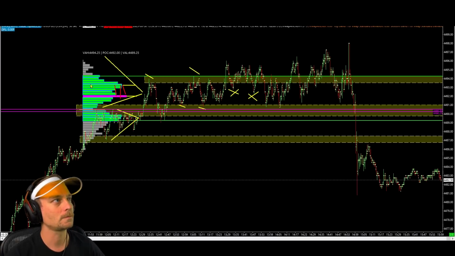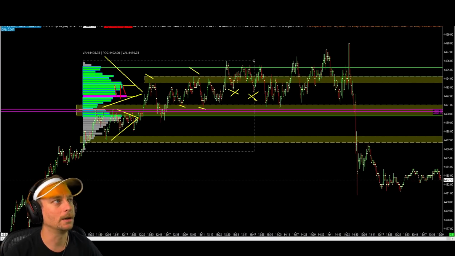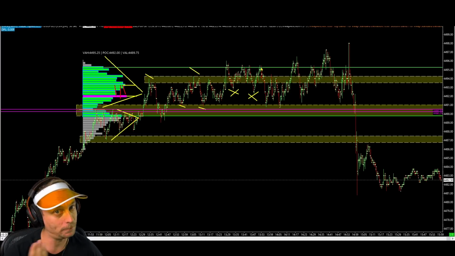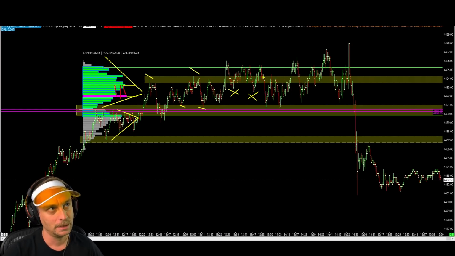Okay. Let's drag this out as time goes on. All right. And then it comes up. Now, since we mid-pivoted twice, sure, we didn't get a top tick. If we had a top tick, that would be even better. But we didn't get a top tick. But as it's coming in close to the middle, and something's keying me off in the order flow, like, hey, this might be a good shot.